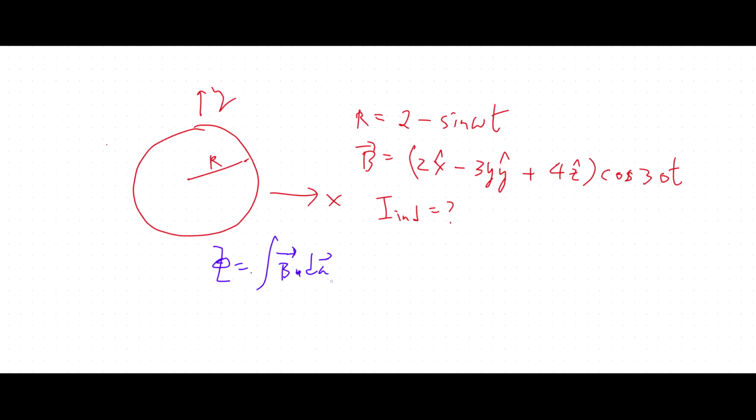It has to be in and out, in the z direction, right? So that means in my dot product, I only pick out the z component of the B field. These other two components of the B field do not do anything to our problem, so we can ignore them, right? So that means this is 4 cosine 30t.